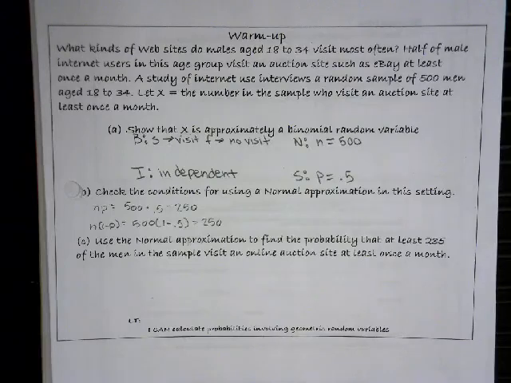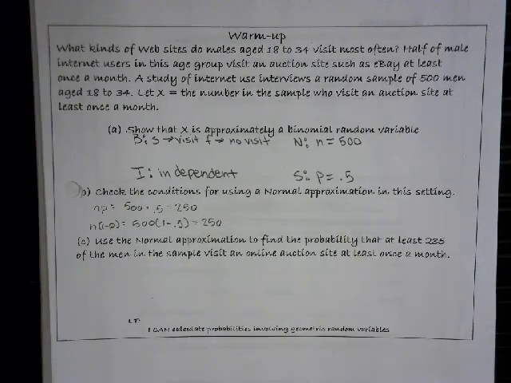Thank you, ma'am. Alright, so if you ever referenced your notes from previous class periods, not a bad idea, by the way. We did talk about the conditions for using normal approximation.